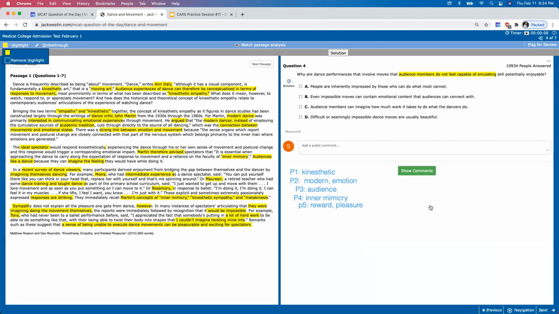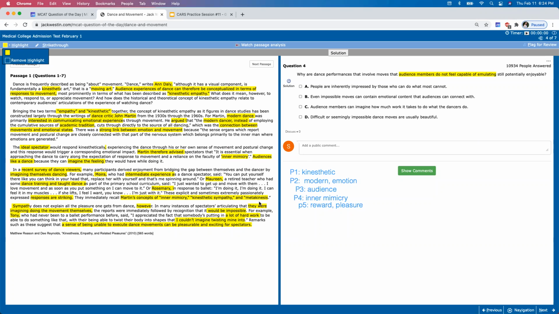Okay. Number 4. Why are dance performances that involve moves that audiences do not feel capable of emulating still enjoyable? Okay. Yeah, so this was definitely in paragraph 5 because we talked about not being able to copy them, but they're still enjoyable.